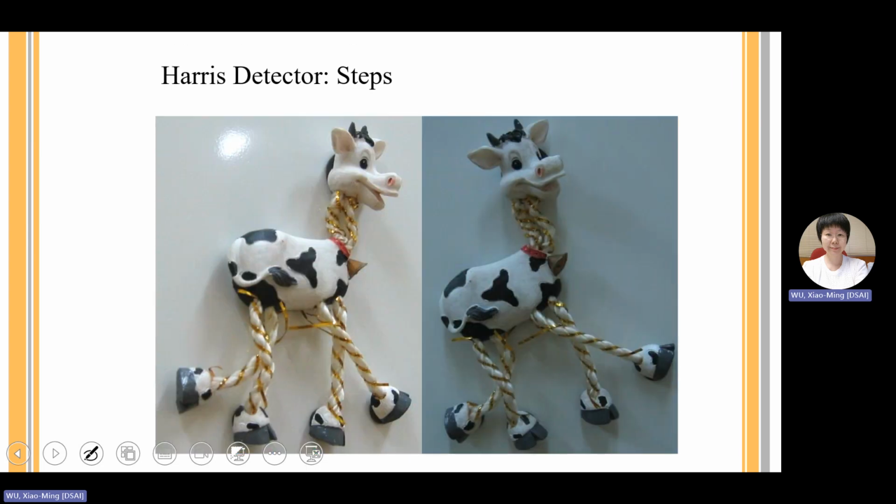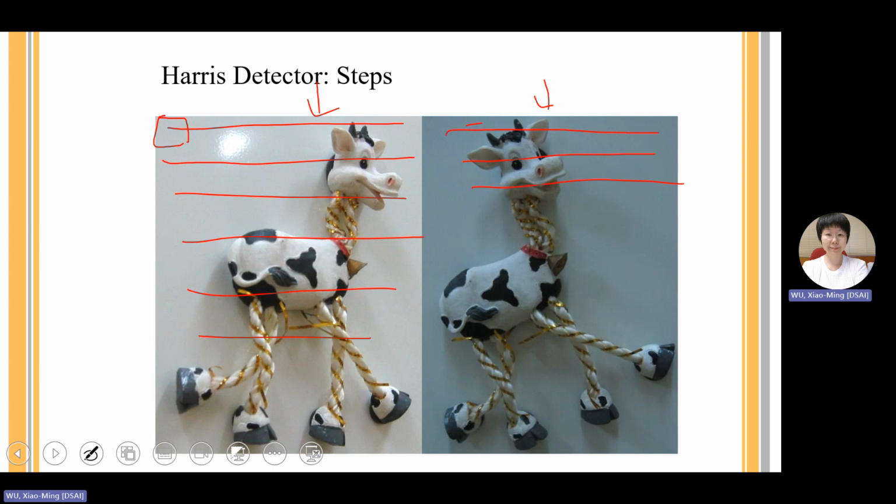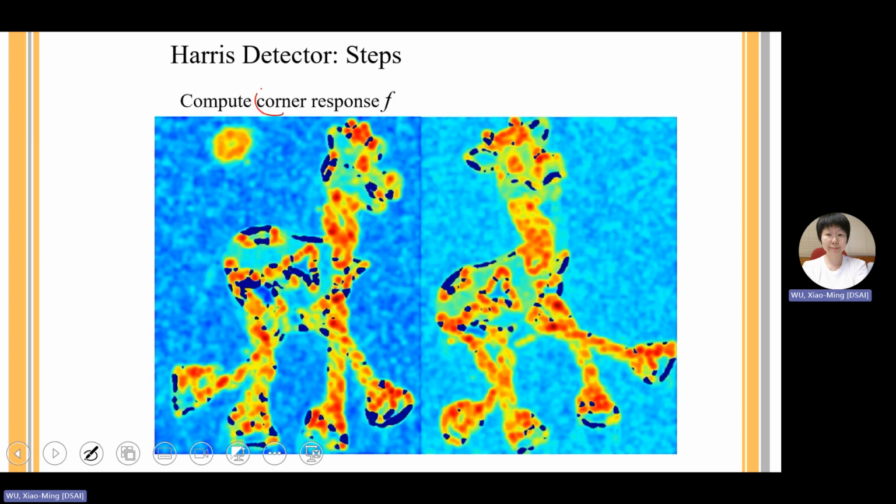Say we have two images, and we slide a window across the image, scanning it in this way, and we do the same for this image. For each window, or each pixel, we compute a cornerness score, a corner response.